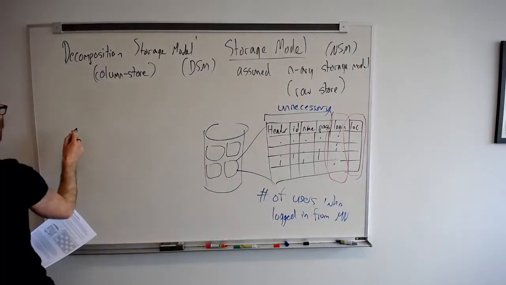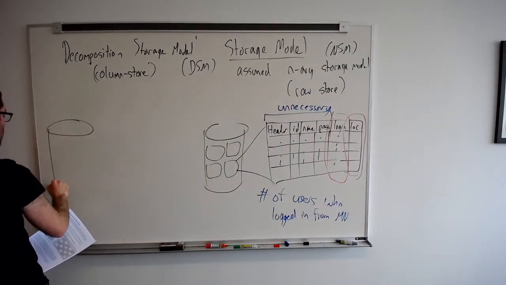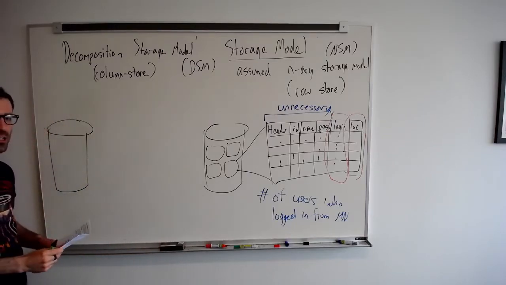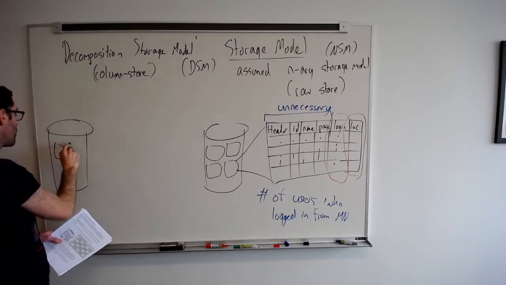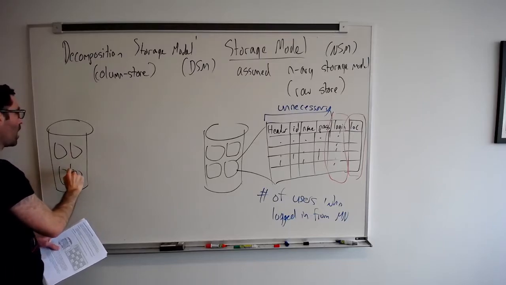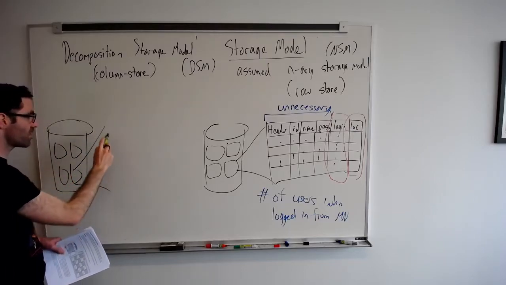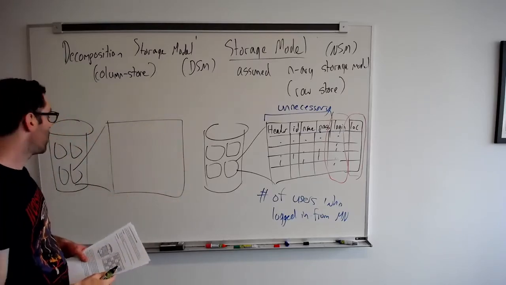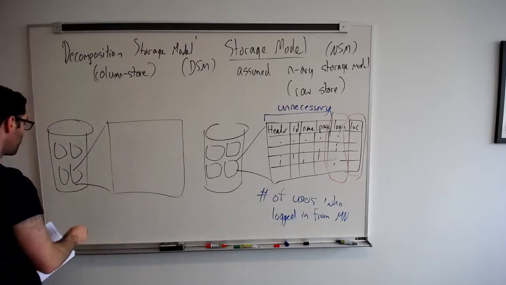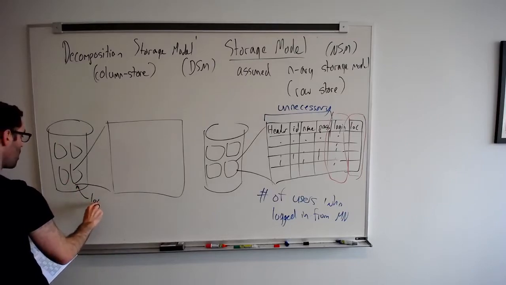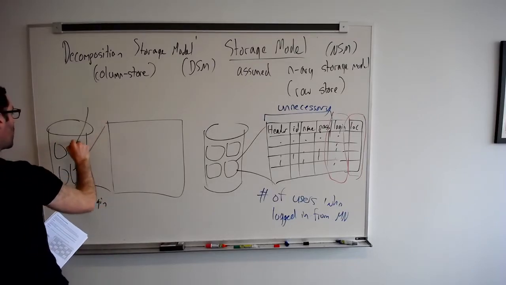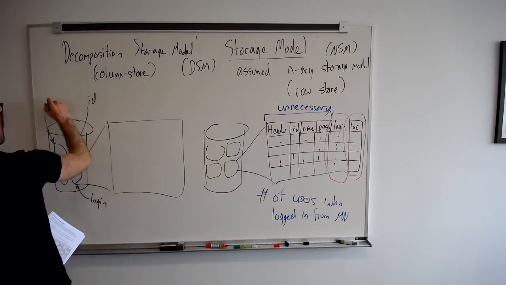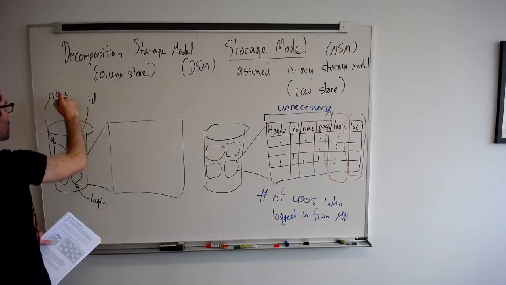So what this picture will look like is, again, we have our cylinder of a database, and it has some pages, and we can look at what's inside this page. This might be the login page, and we might have an ID page and a name page.